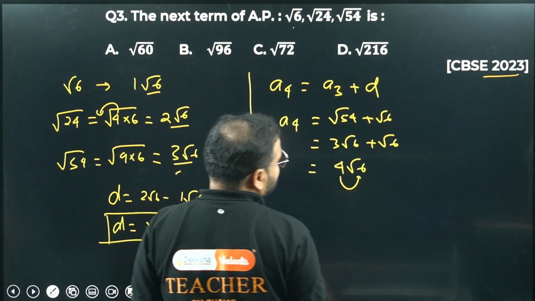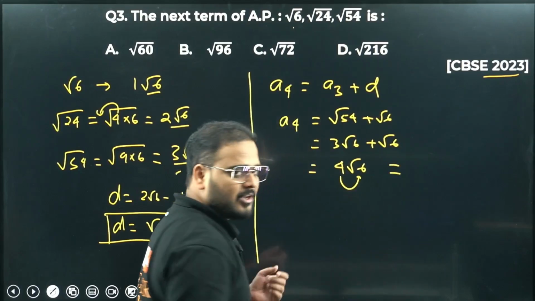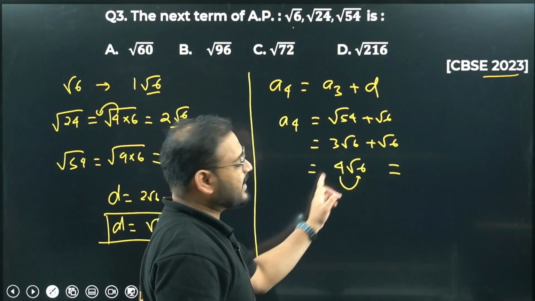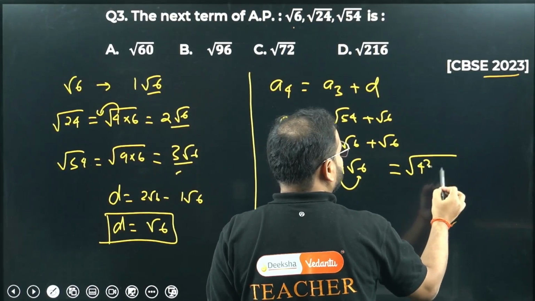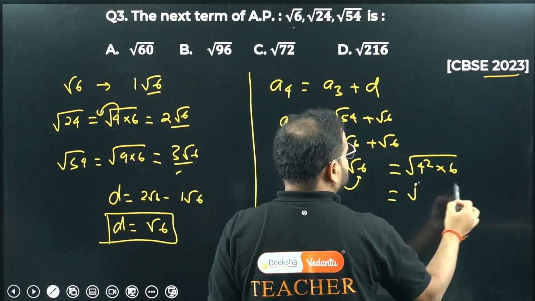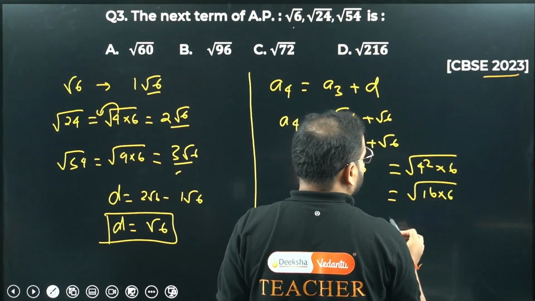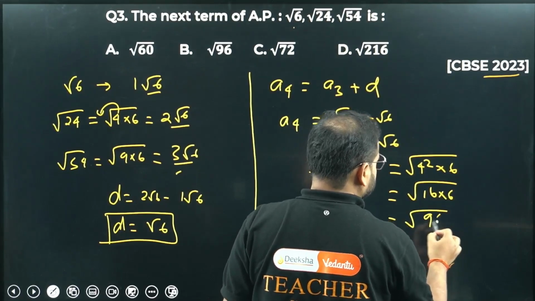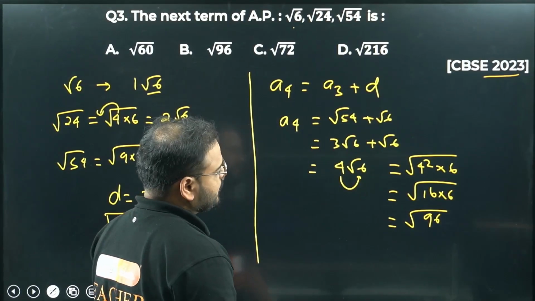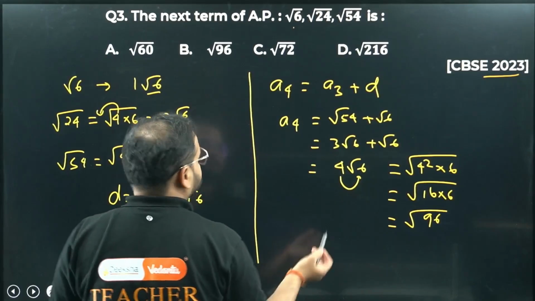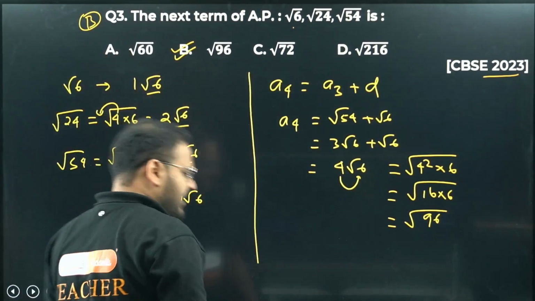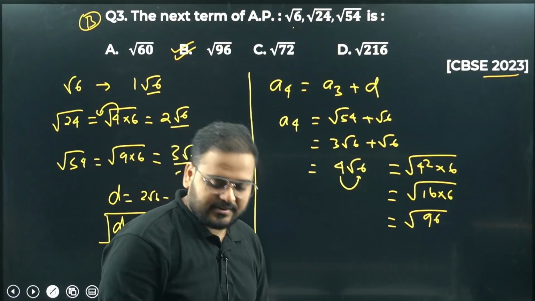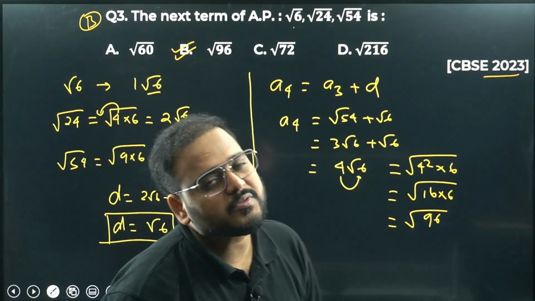Bring this root inside: if you take out, the square becomes the number; if you take inside, the number will be squared. So I get 4 squared times 6, that's 16 times 6, which is 96. Correct, option number B. Easy but interesting question, not like the previous two, which were very easy.